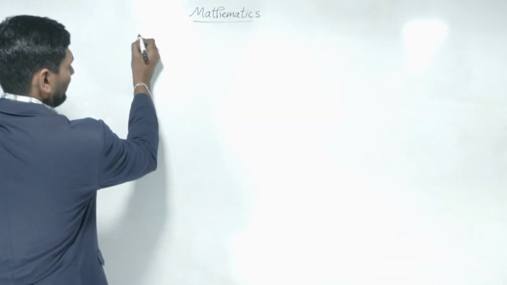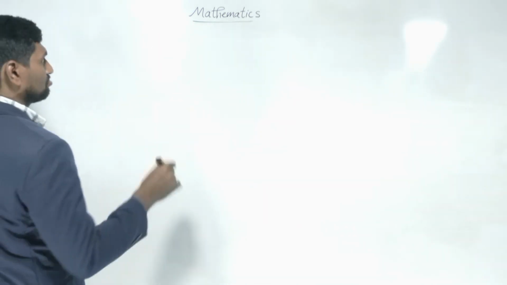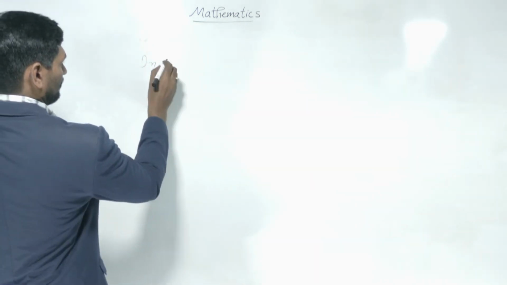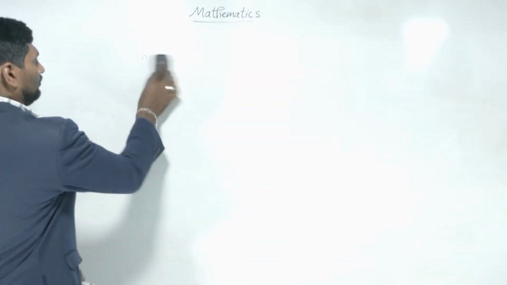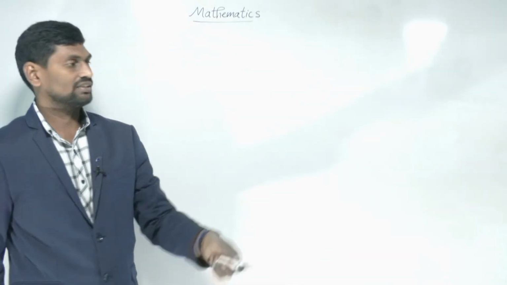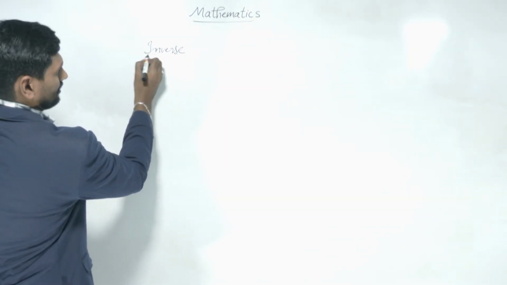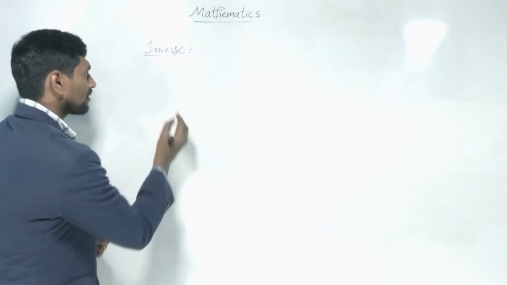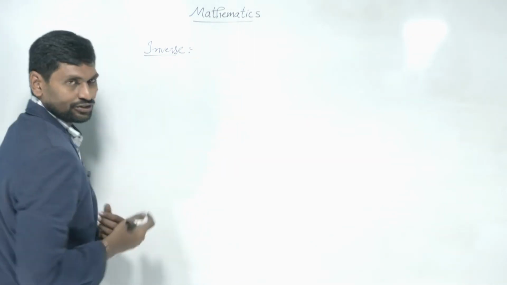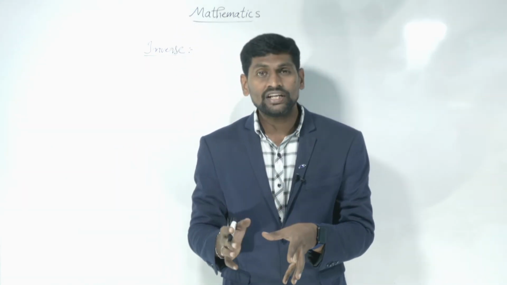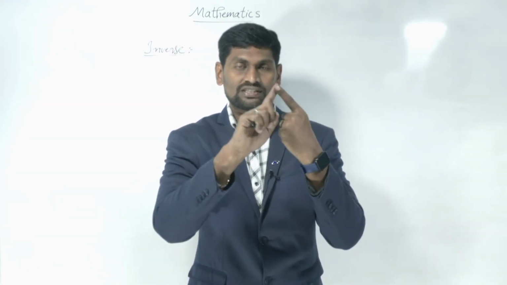Next, inverse. Right. Inverse property. Inverse property means, here also, same like the identity property: how we have additive identity and multiplicative identity, two symbols we are using, plus and into.